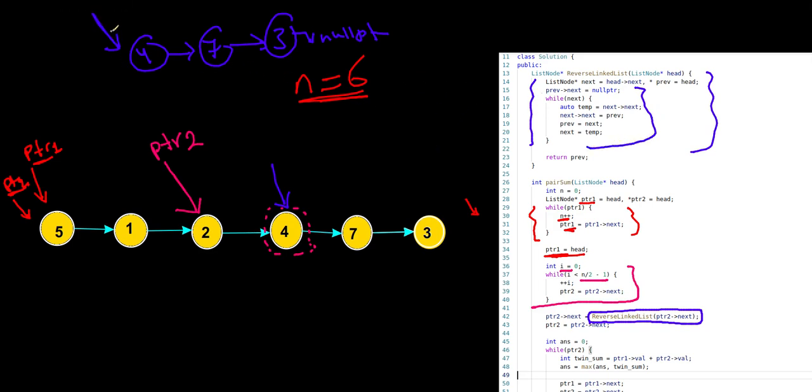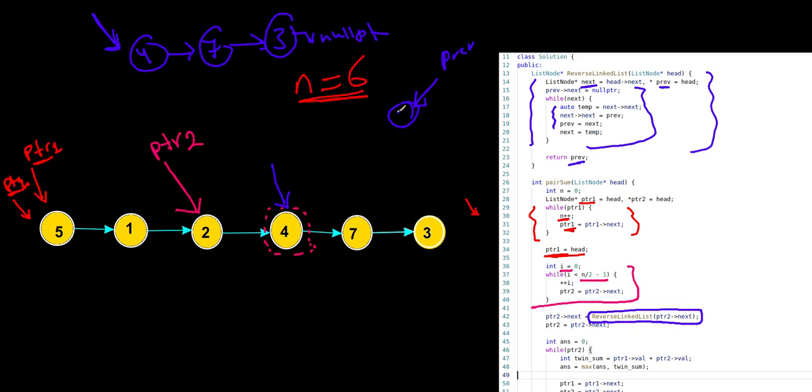So after reversing this linked list, of course we are doing the reverse using these two pointers, next and previous, and we swap the pointer at each stage. This is the standard algorithm to reverse any linked list, and at the end we need to return the previous. So after this function finishes, we return a pointer which is previous, that points to the reversed linked list.